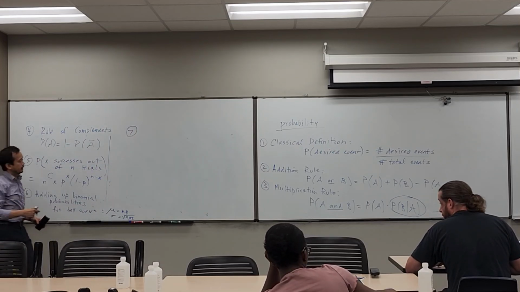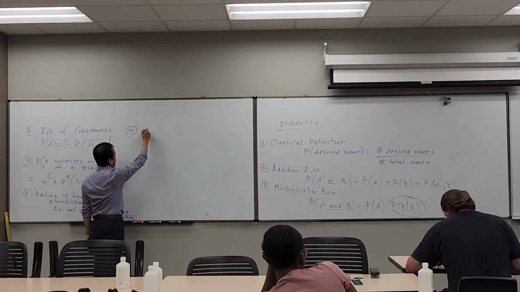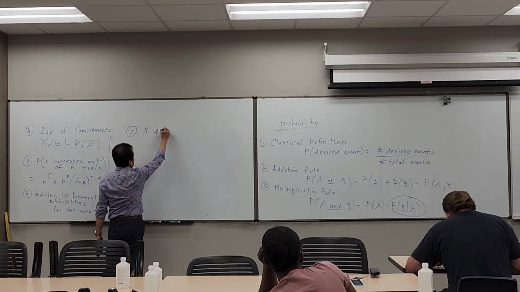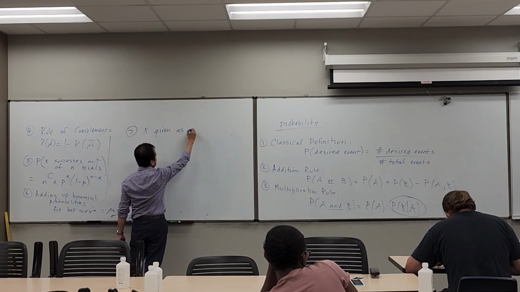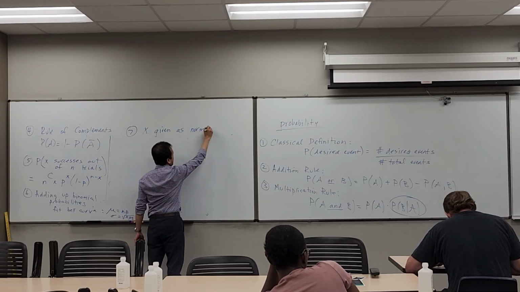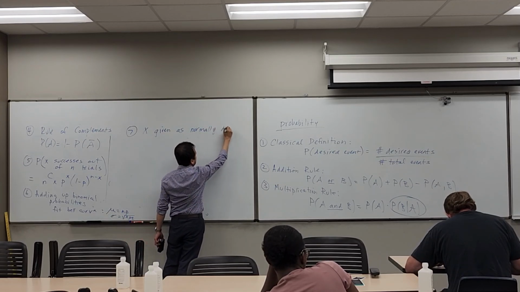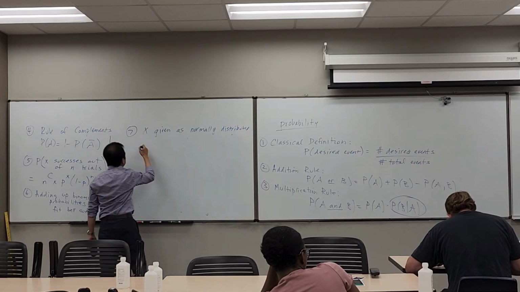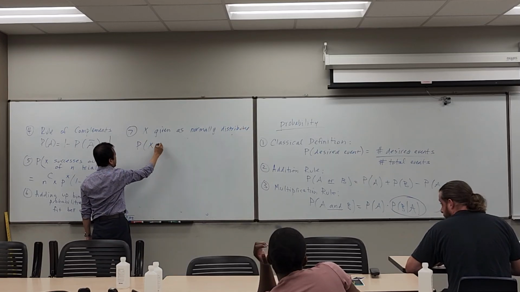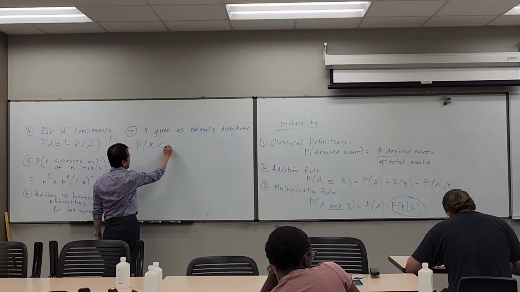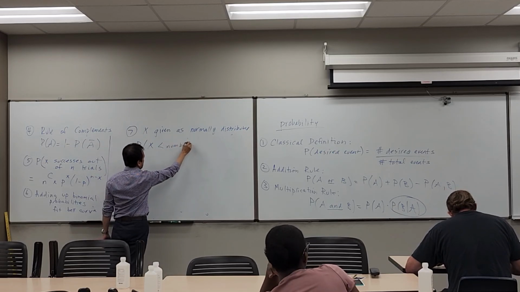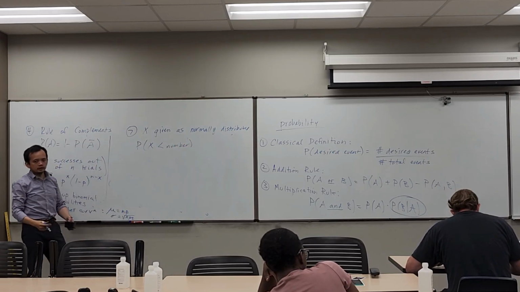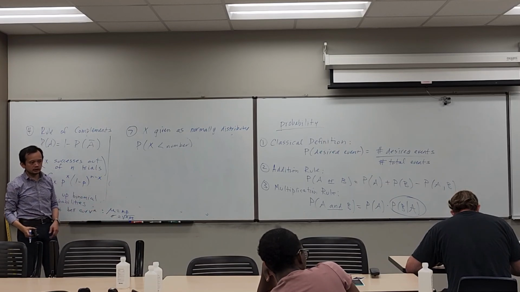And then just before that, we talked about if you have x being given as normally distributed, or a bell curve, then find the probability of x being less than some number. This is just finding the z-score, looking it up in the chart.